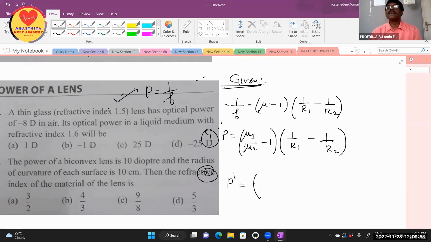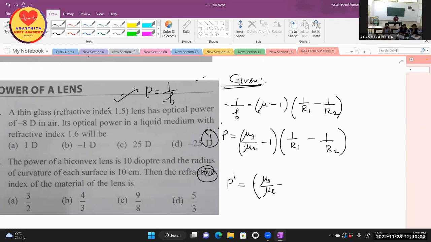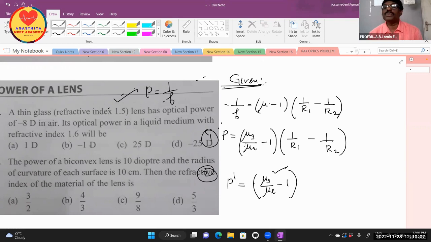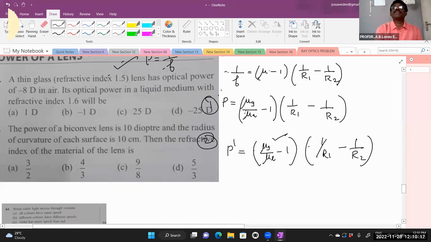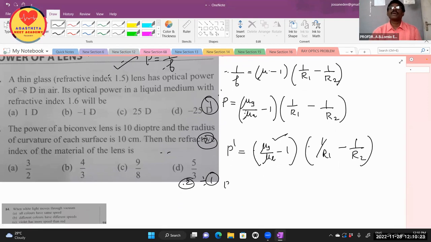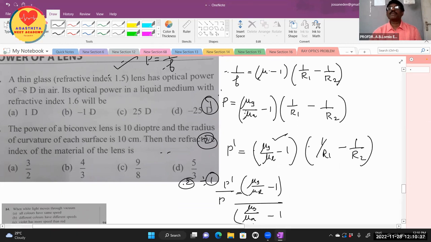In this case, the lens is placed in another liquid, not in air. Therefore, the formula is modified as (mu g divided by mu L minus 1) times (1/r1 minus 1/r2). This is equation 2. When you divide equation 2 by equation 1, P dash divided by P equals (mu g divided by mu L minus 1) divided by (mu g divided by mu air minus 1).